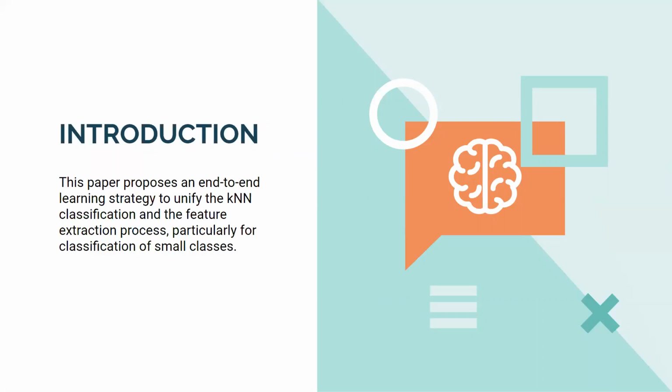We take the kNN model and unify it with the feature extraction process. Models like ResNet and ImageNet are what we use for feature extraction, and we unify them to classify small classes.